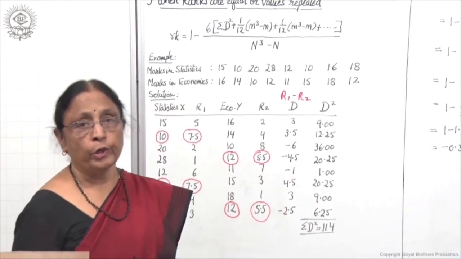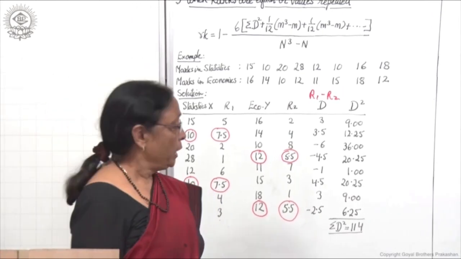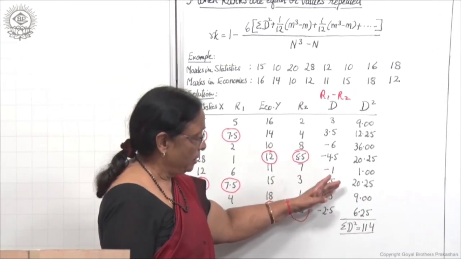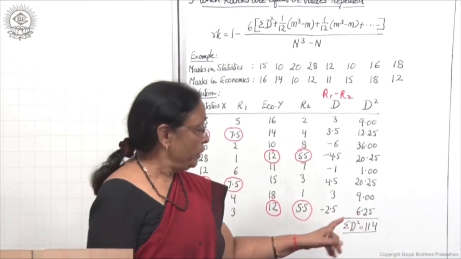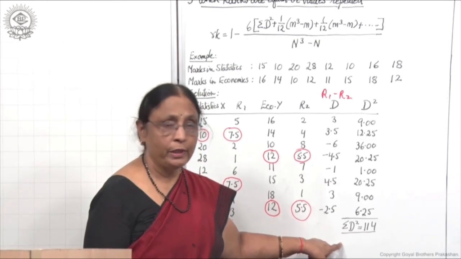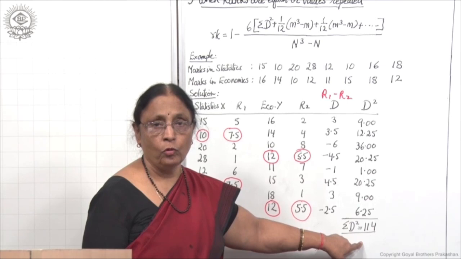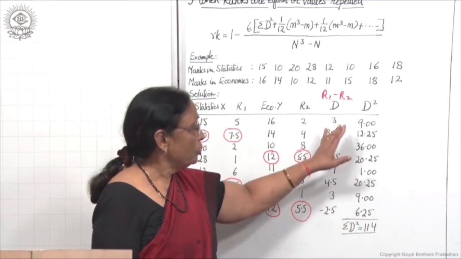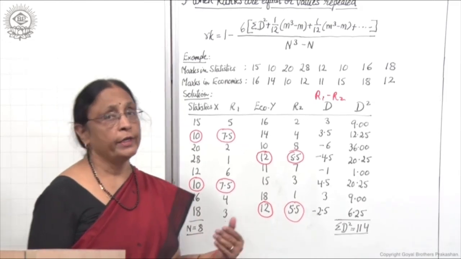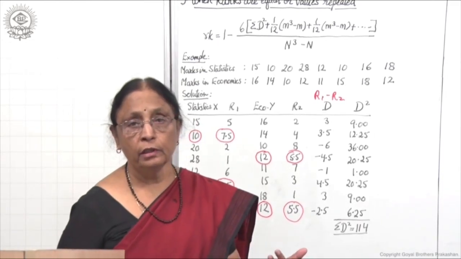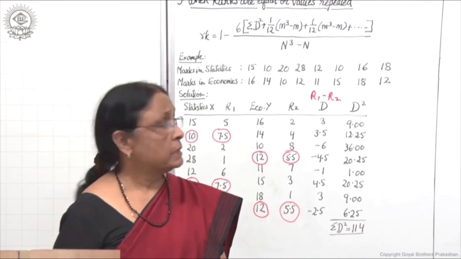Make the square of each value. Okay. Now after this, you have to do the total of this D column, and this will be sigma d square, and the total here in this case is 114, right. So this way you have calculated the data, and now you are ready to put the values in the formula, okay, for getting the answer.